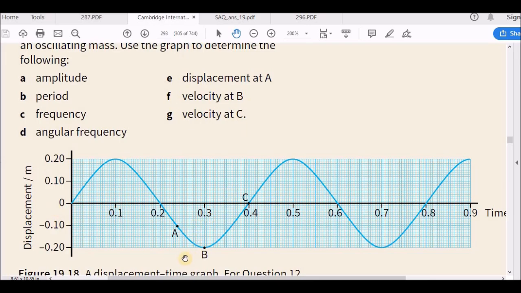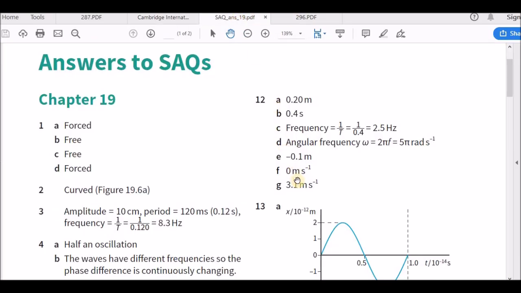Velocity at B. This is a displacement time graph, so the gradient of a displacement time graph gives the velocity. The velocity at B can be found by finding the gradient. If you draw a tangent at B, it will be a horizontal line. The gradient of a horizontal line is 0. Therefore, the velocity at B is 0 meters per second.